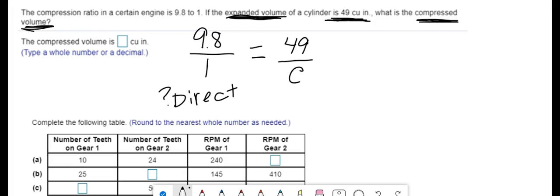So if that's the case, then there would be a direct proportion. Notice, if you think about it, expanded volume is a bigger number, goes with the bigger number, versus compressed volume, which goes with the smaller number. So this is actually the way that you set it up.